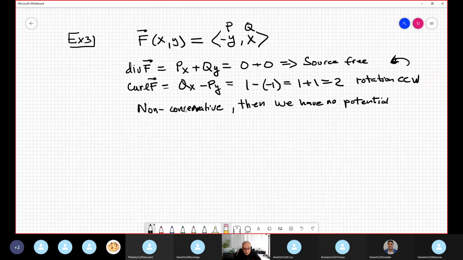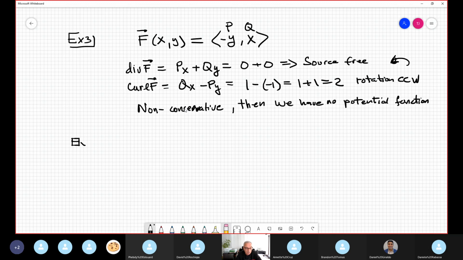The potential function is only a privilege of the conservative vector field. By the way, the majority of vector fields are non-conservative. So conservative is a special category of vector field. Okay, I finished because I cannot do anything more.